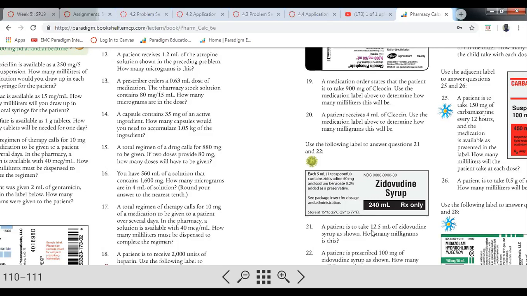So let's go ahead and go to our whiteboard. So I'm going to write down what we know from the book. We saw that 5 mLs contains 50 milligrams of medication.